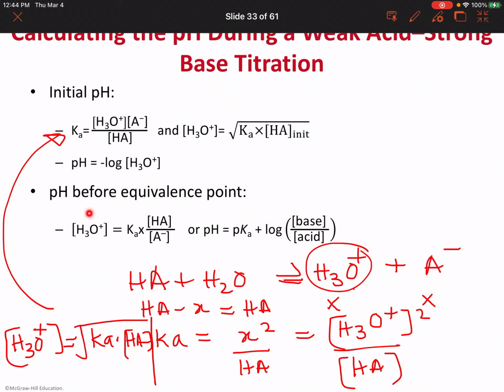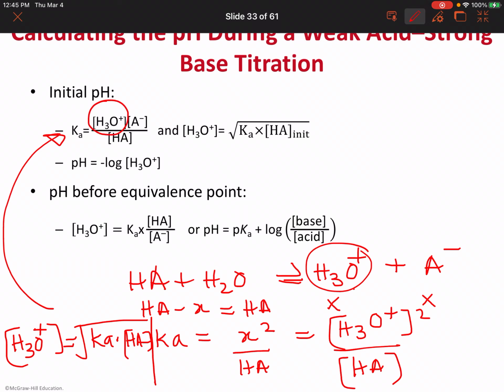We have learned this in our previous lecture, chapter 18. And then if you want to find the pH before the equivalence point, what do you do? You can use the Henderson-Hasselbalch equation. Again, the hydronium ion concentration is going to be Ka times HA over A minus, this part right here.